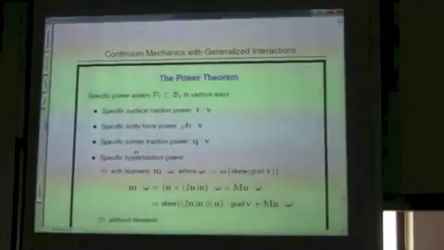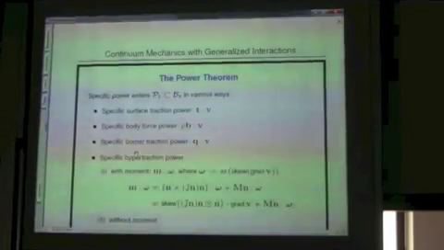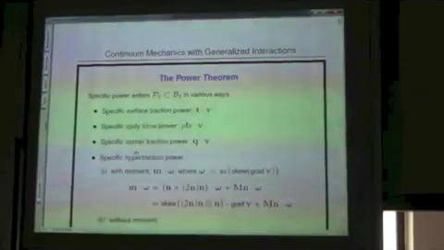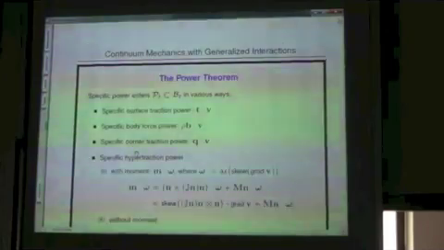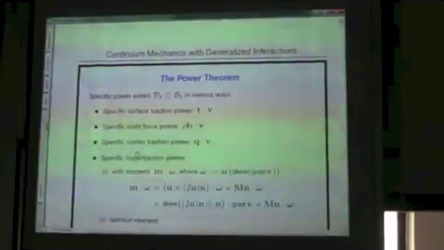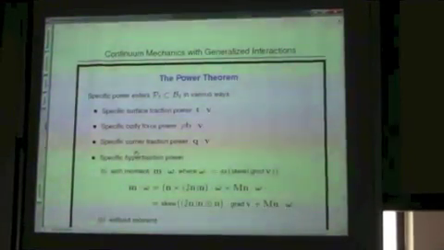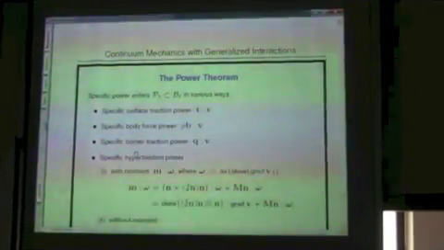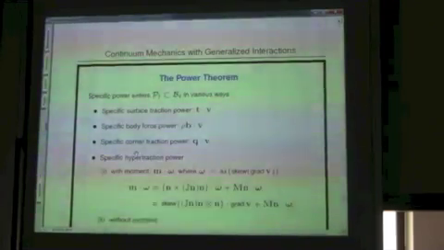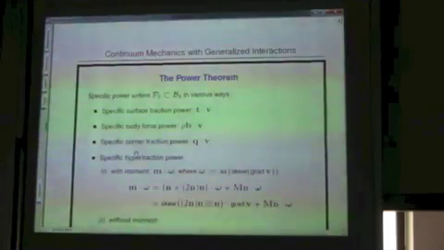With moment, it's just M inner product omega. Omega is the axial vector of the vorticity tensor, the axial vector of the skew tensor, skew grad V. That's the vorticity tensor. So it's not the vorticity vector. I think it's 1/2 the vorticity vector in fluid dynamics, but that's what omega is. And M dot omega is the hypertraction power with moment that's coming into the body through the boundary.